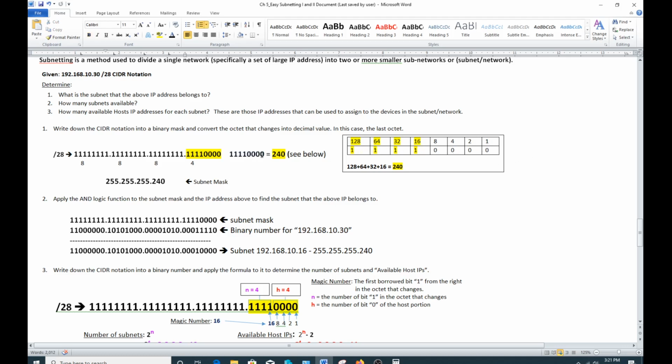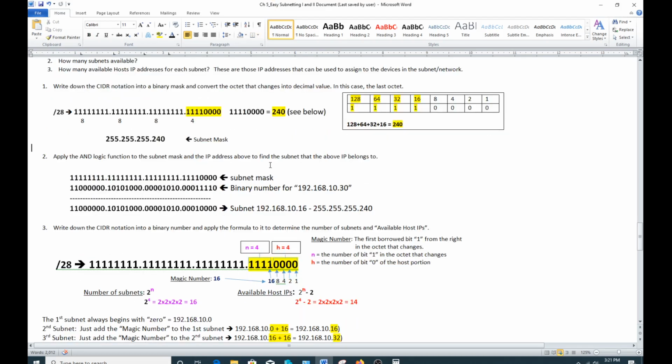In this case, notice that the 1s are right here, and I simply add those numbers that are associated with a 1. For the 0s, I don't worry about it, but anywhere that I see a 1, I add those numbers. So in this case, I add all of this across, and we get 240.